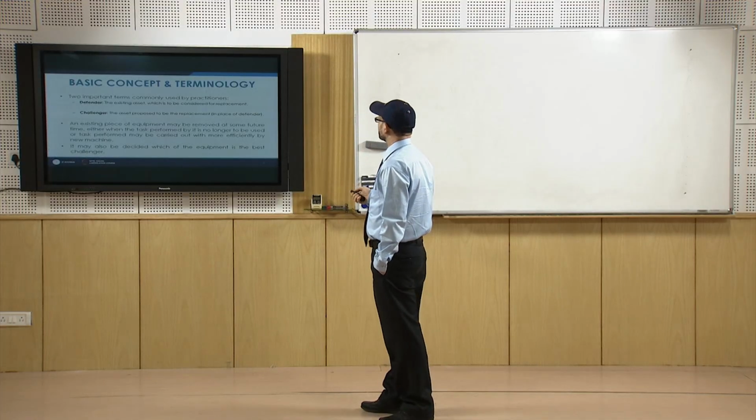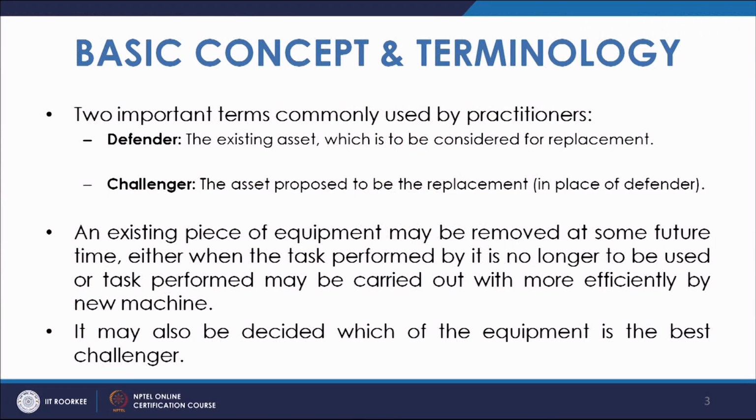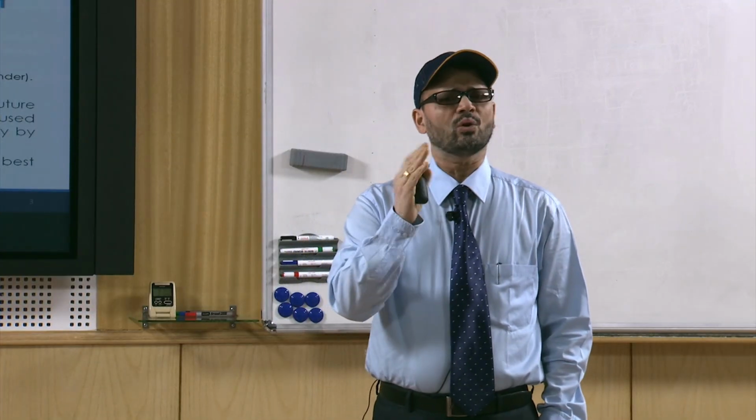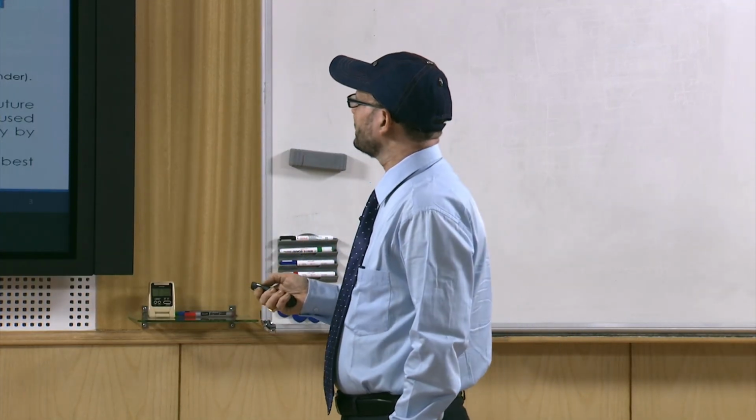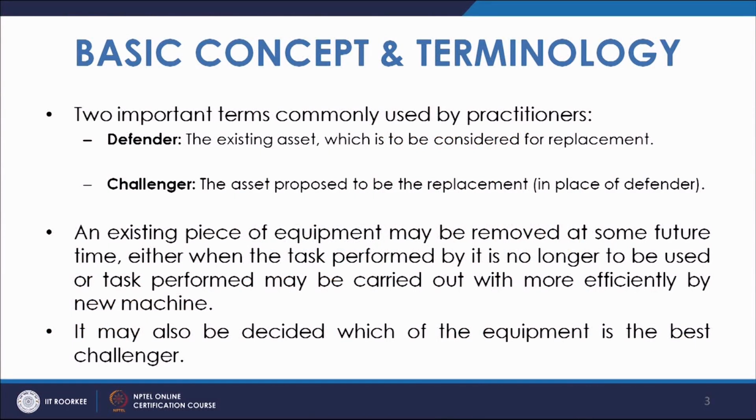So, it is considered for replacement. Then you have challenger. Challenger is the new machine which is going to replace the old machine. So, the challenger is the asset proposed to be the replacement in place of defender. So, we will use these terms while we solve the cases based on replacement analysis.